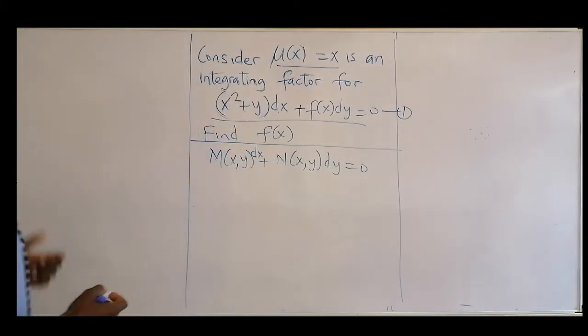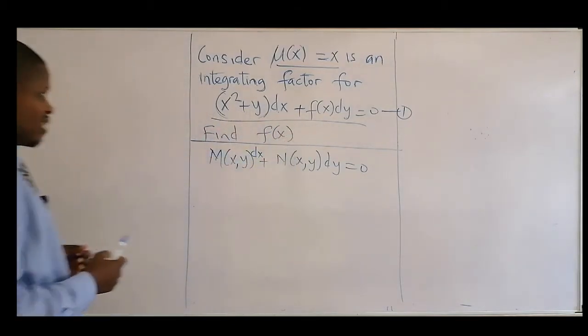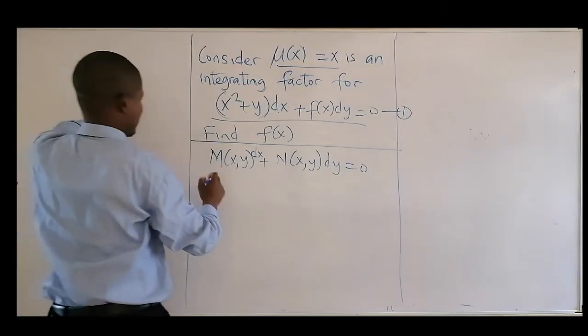If it conforms to that standard, then we just take the process. We've been told that we have an integrating factor, and what that means is that the expression is not exact. With the integrating factor, once you multiply it with the given problem, it will be exact. So let's now multiply with that.